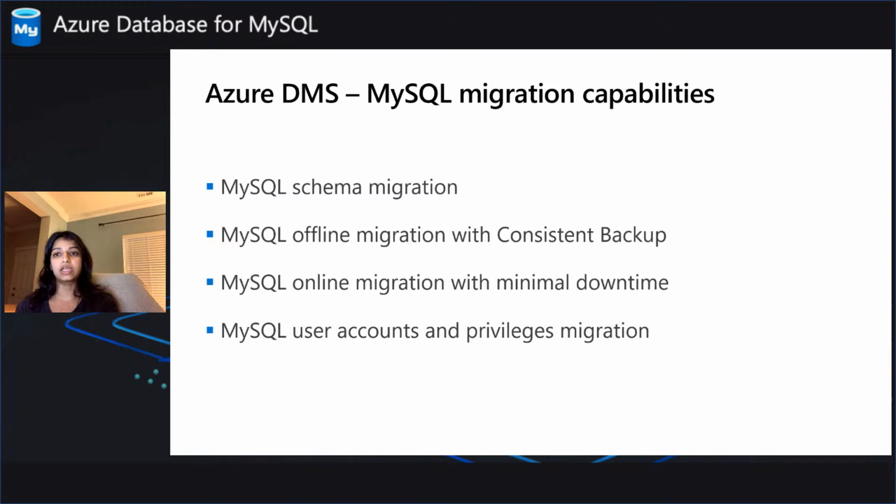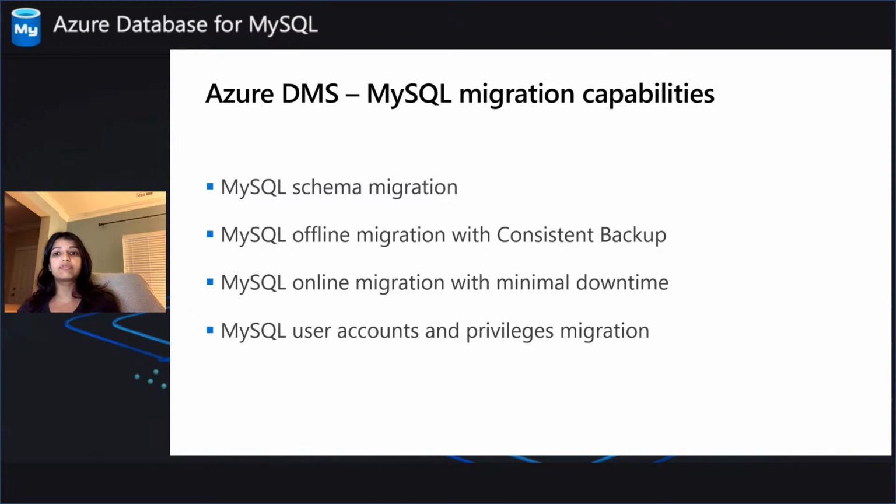Then we have offline migration with consistent backup. This allows users to take a consistent backup of their MySQL server without losing data integrity at source because of the ongoing CRUD operations. So you can take a consistent backup at a point in time from your source to target server.